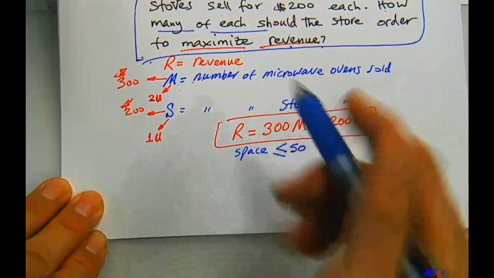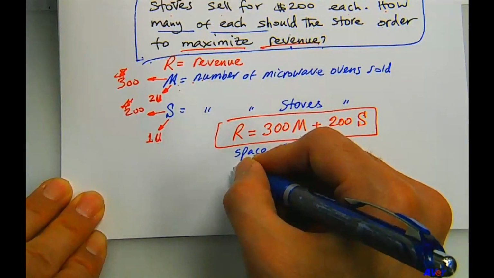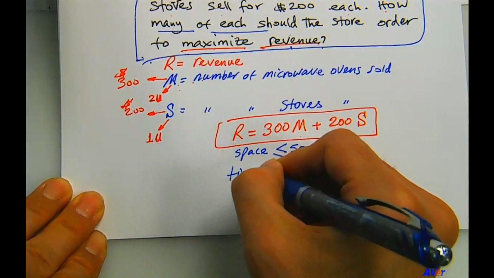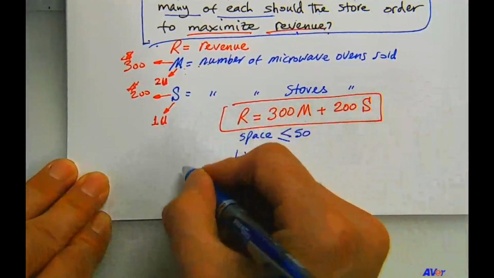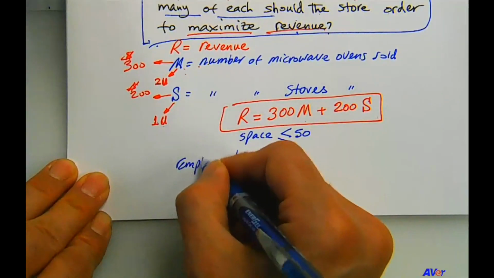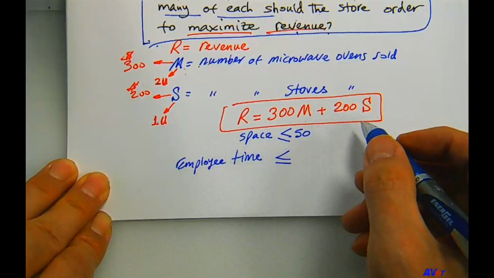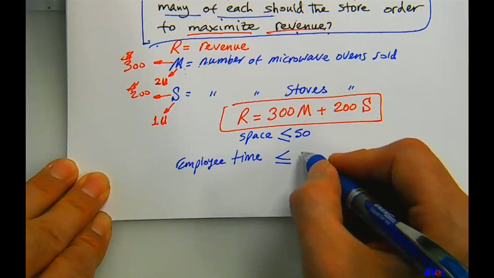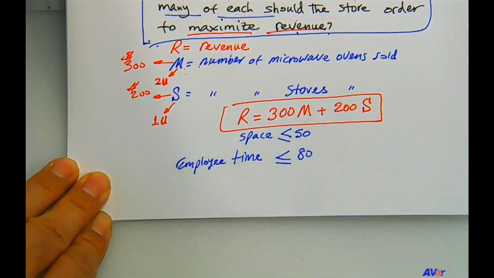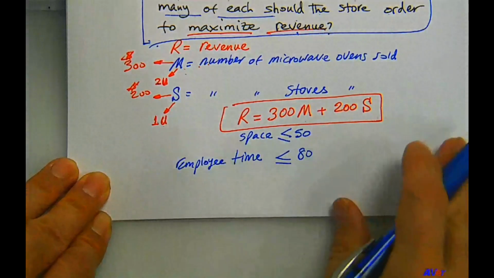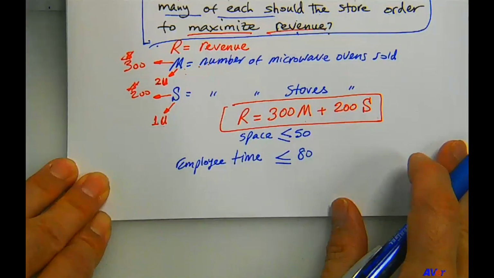So time, or employee time to be exact, is limited to, or allows for only, 80 hours. So up to 80 hours we have for employee time.